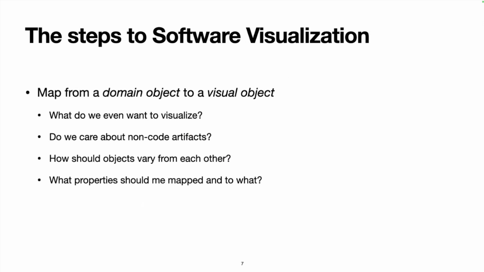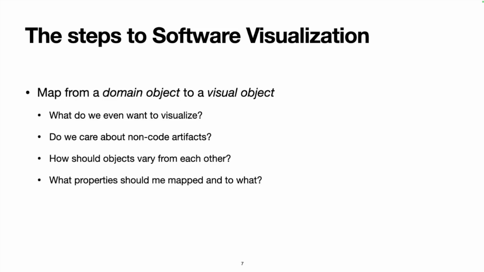And there are approaches and steps to visualization for software systems. The first step is, what do we even want to visualize? What do we want to focus on? Do we care about non-code artifacts such as issues and pull requests?